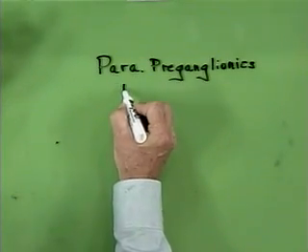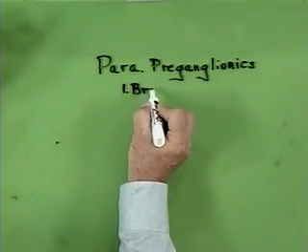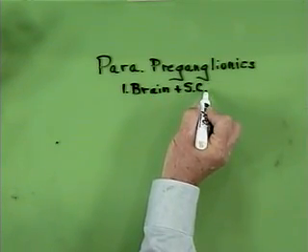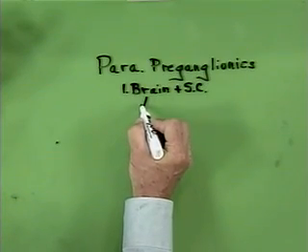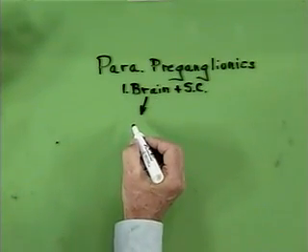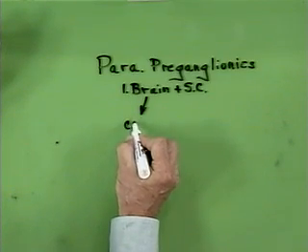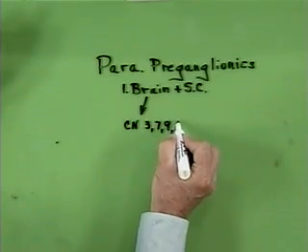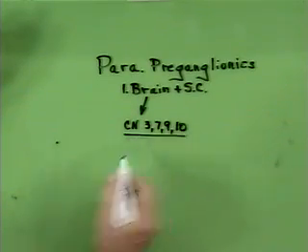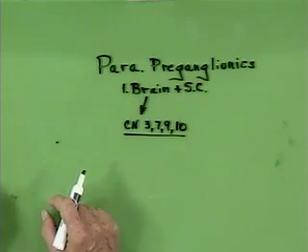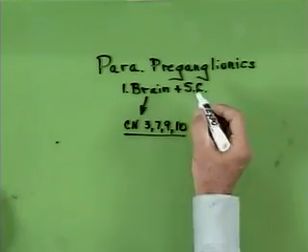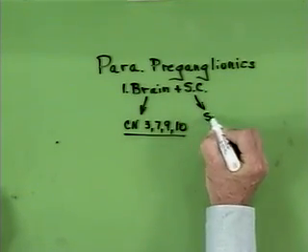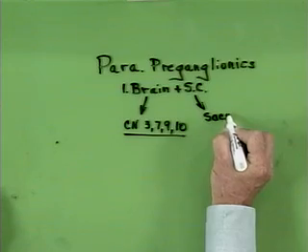So their specific location is brain and spinal cord. I'm going to write SC for spinal cord. But here in the brain, it's not just any place in the brain. It's in motor nuclei of cranial nerves 3, 7, 9, and 10. Those are the 4 cranial nerves that carry preganglionic parasympathetic fibers. And it's not just any place in the spinal cord, it's the sacral part of the spinal cord, down in the sacral part.